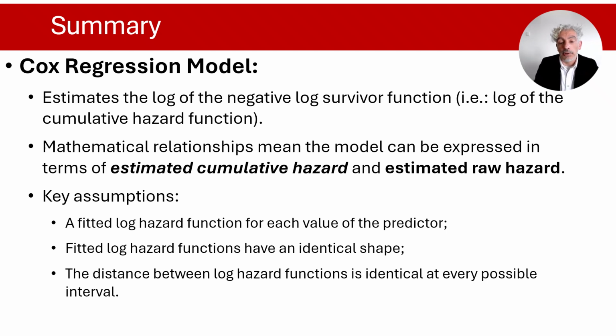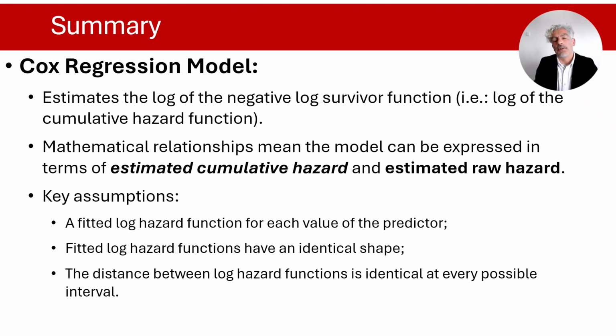But the mathematical relationships mean that the model can be expressed in terms of estimated cumulative hazard as well as estimated raw hazard. And that is a very important property, because then we can use the model to say something that is more meaningful and easier to interpret, and can provide a very intuitive and useful way of looking at the phenomena of interest.